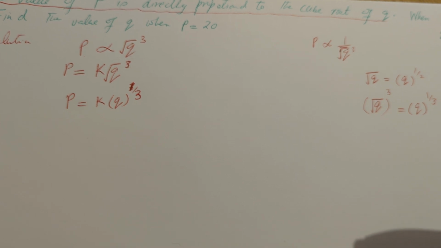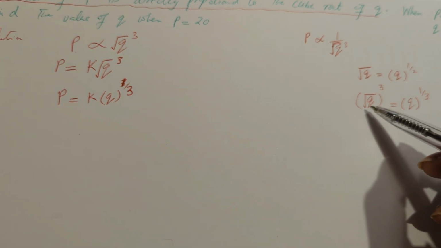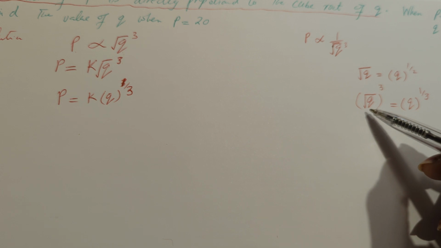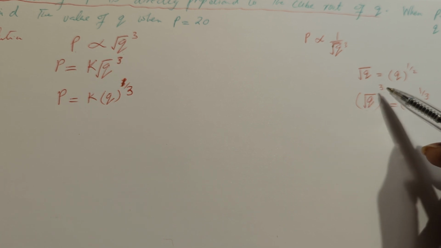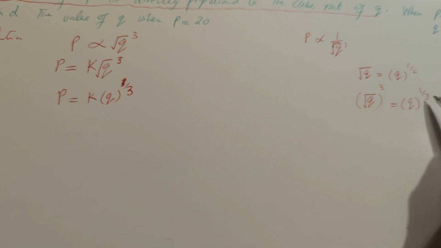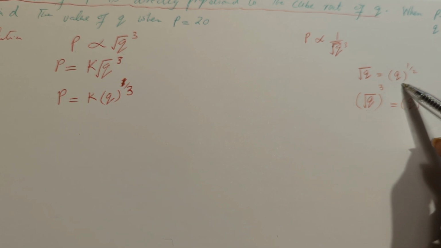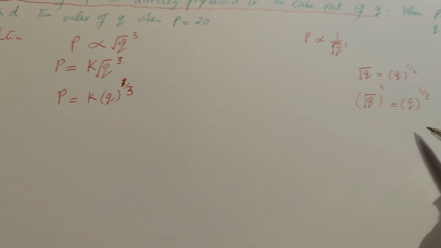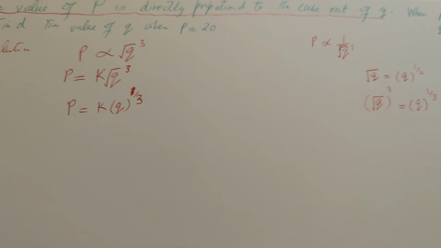So you have to keep in mind the meaning of cube root of q. It will become q under root power 3, and in simplified form q power 1 by 3, just like square root becomes power 1 by 2. So q power 1 by 3, we will use it here.